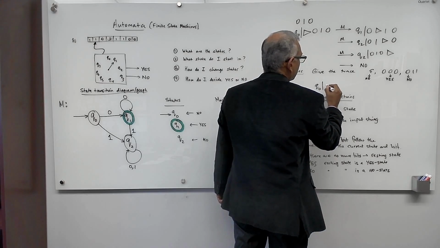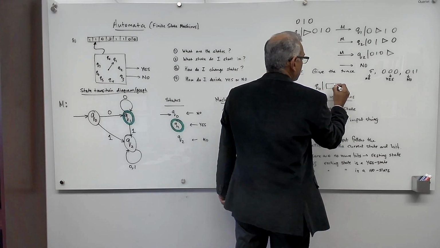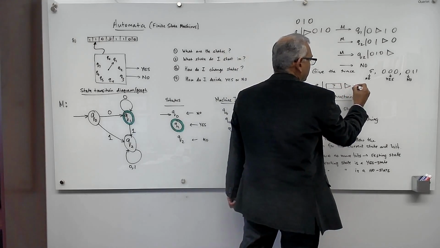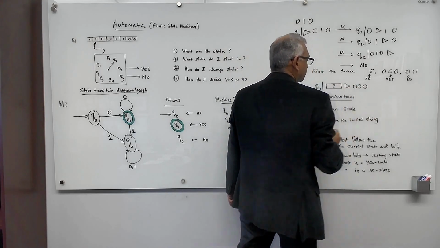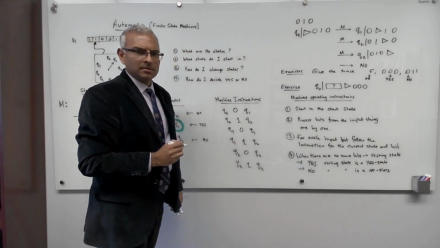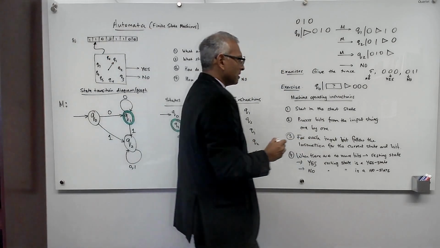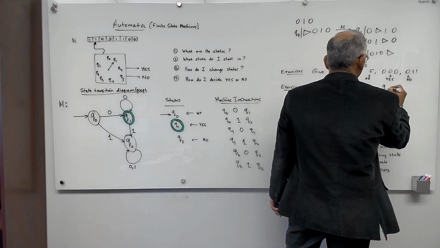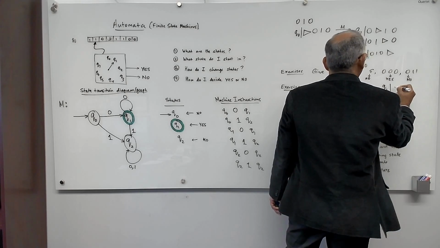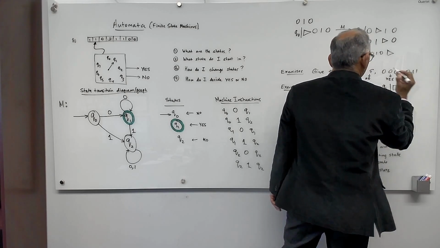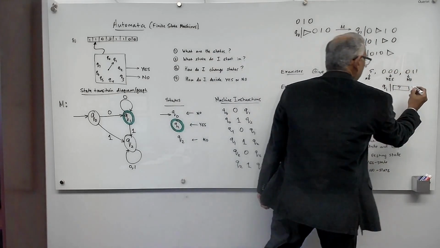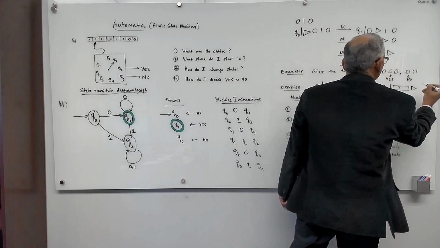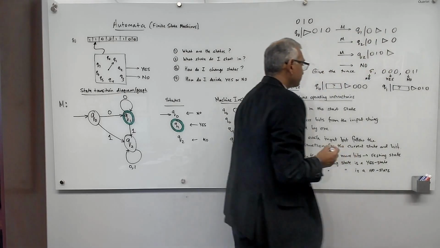So here's the configuration: Q0. You've processed some bits, and now here's the twist. I'm not going to tell you what you've processed, but the remaining bits are 0, 0, 0. And then let's say you're in Q1, and you've processed some bits that I'm not going to tell you about, and you're positioned to read 0, 1, 0.